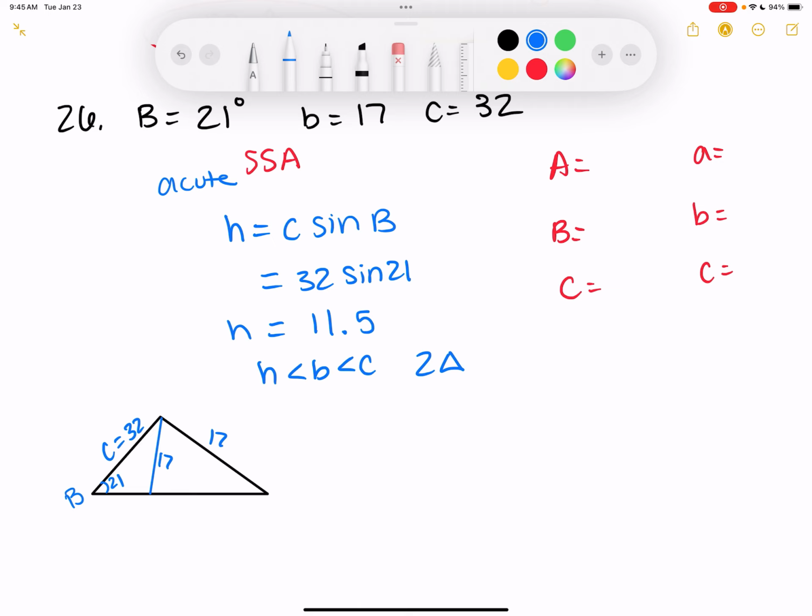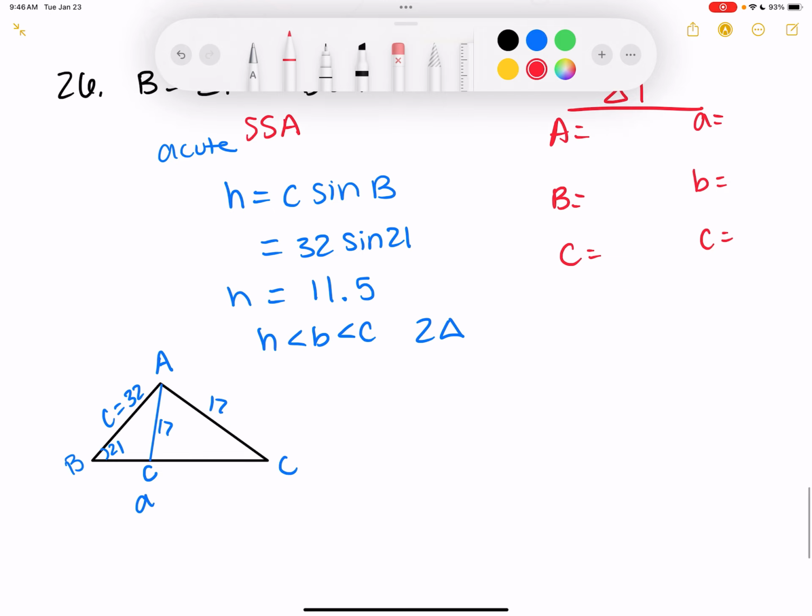And then this is going to end up being angle C over here. But this right here is also going to be angle C. And then this is going to be angle A, side A, which is going to be changing. I'm going to do this for triangle 1, and then I'll do triangle 2 in blue.